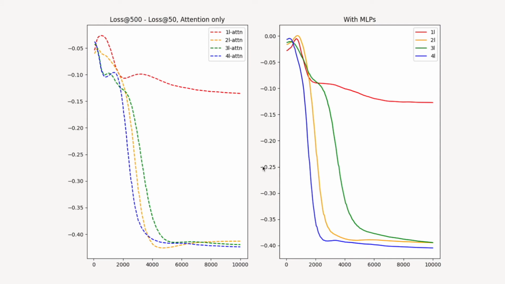Here are the rest of the models. I haven't drawn those bump start and end lines just to make it a little easier to see, but what I'll draw your attention to is that they all undergo, other than, of course, the 1-layer, this steep transition between being mediocre at meta-learning and being quite skilled at it. And the location of this transition does correspond with the bump quite well.